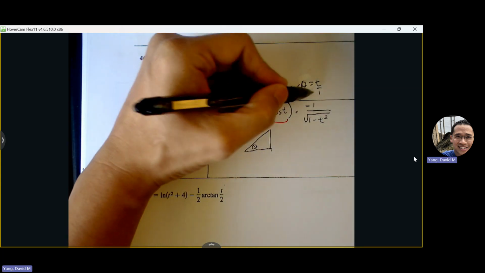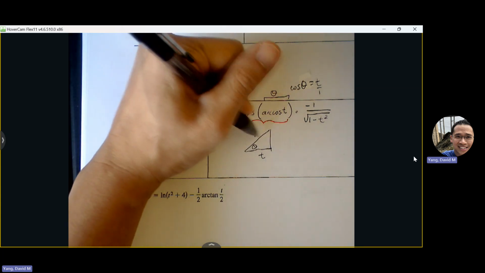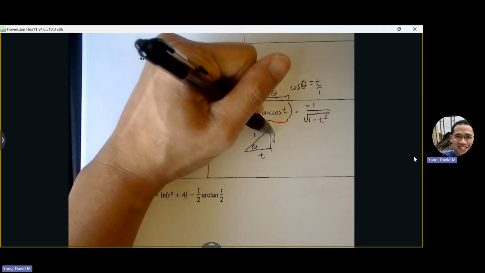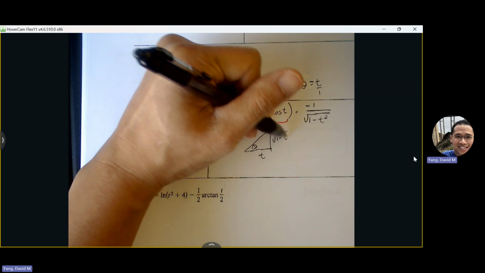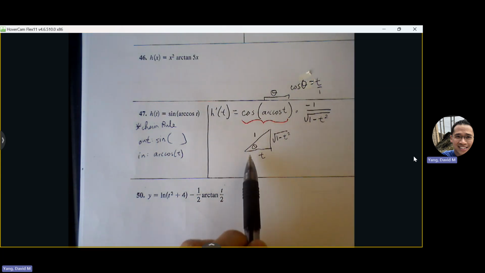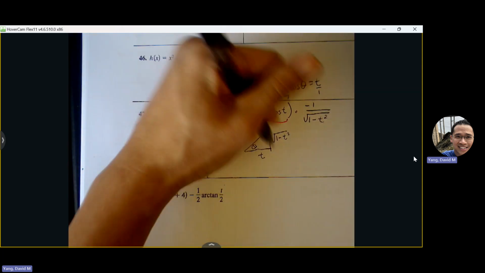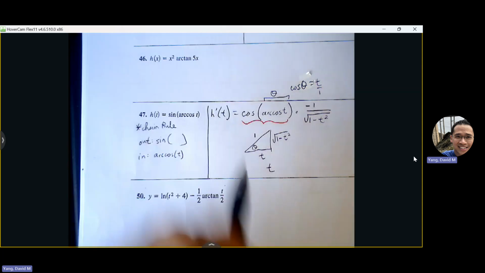So adjacent over hypotenuse, t over 1, Pythagorean theorem, a squared plus b squared equals c squared. We get square root of 1 minus t squared. But we're asking for cosine of theta, and cosine of theta is going to be the same thing, t over 1, which is t. So nothing's going to change. It's going to be just t.